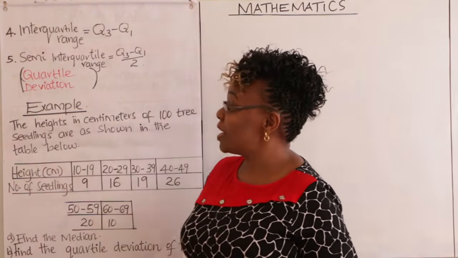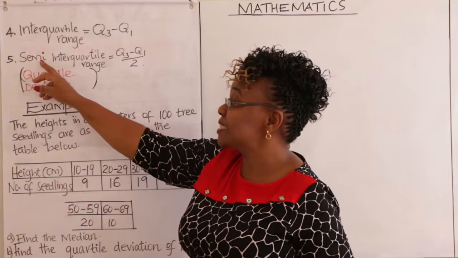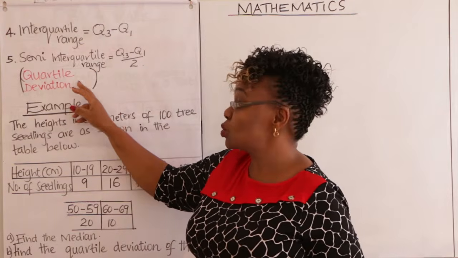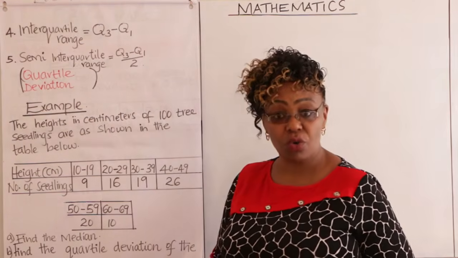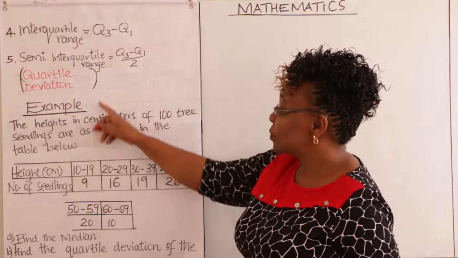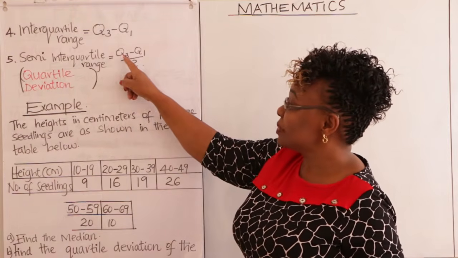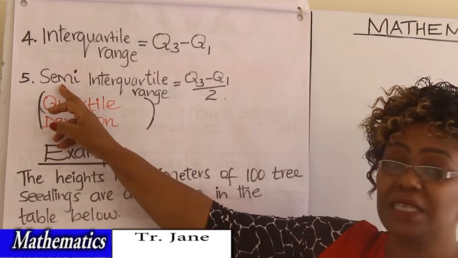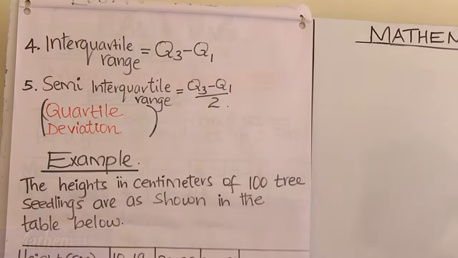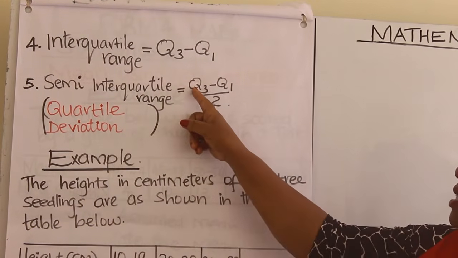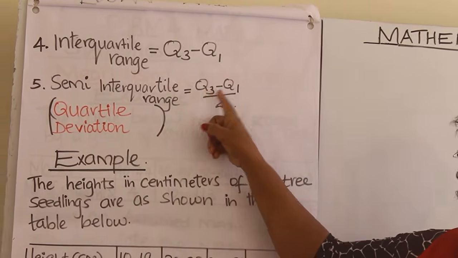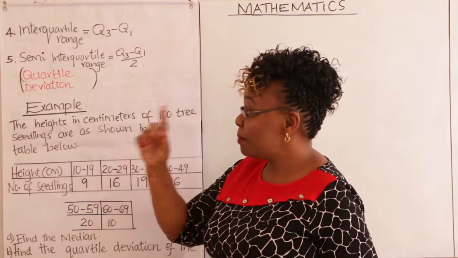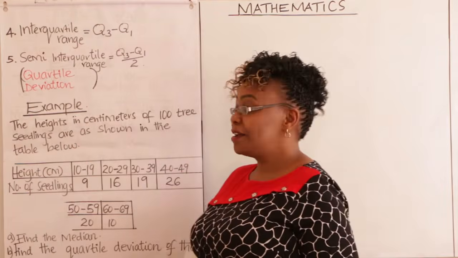If you go to number 5, you can as well be told to calculate the semi-interquartile range, which is also called the quartile deviation. Note that. It is got by the interquartile range divided by 2. In other words, it is half. Semi means a half of the interquartile range, so it is Q3 minus Q1 divided by 2.